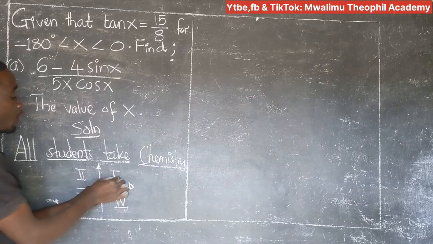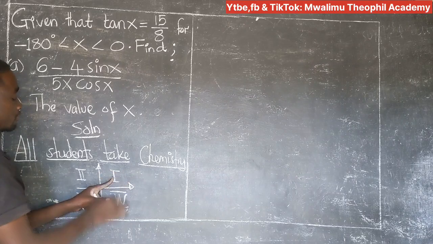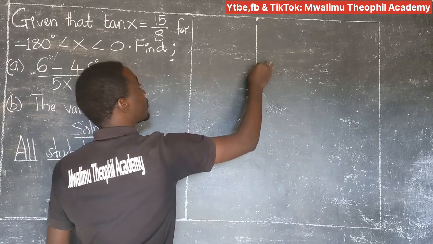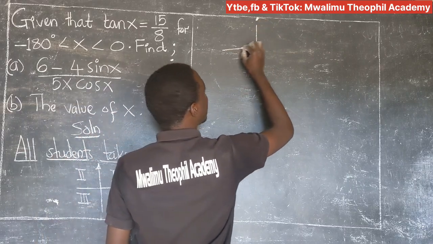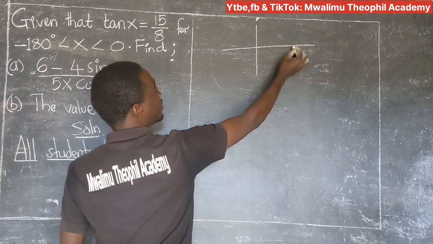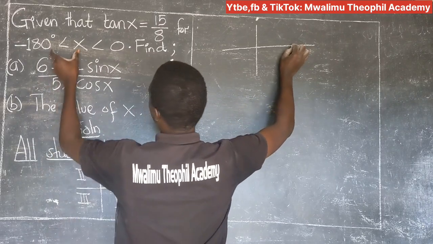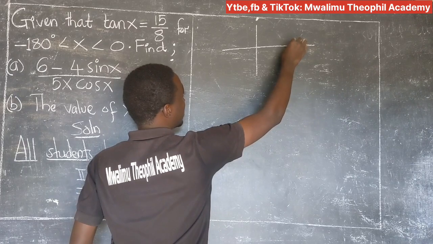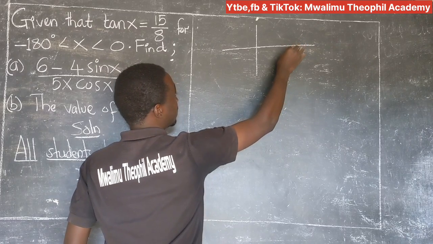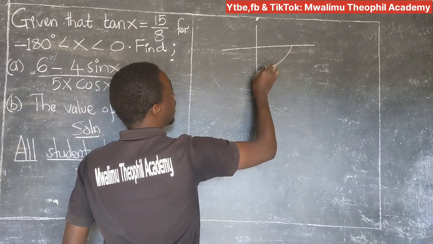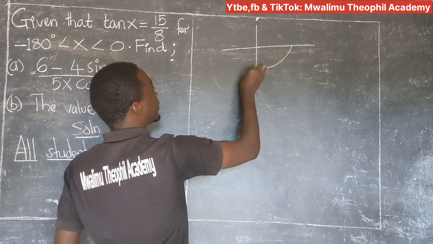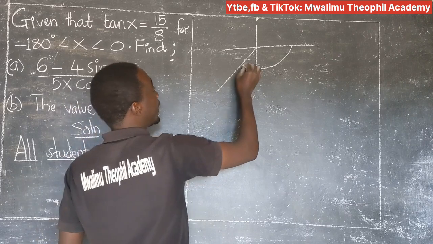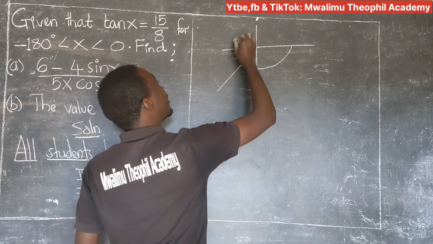So quadrant 1 is impossible because when we go in a negative direction this way, as all angles are measured from east, we are told that all values of x are negative. It means that we are going to measure them in a negative direction, in a clockwise direction. So the only possible quadrant is the third quadrant. It is where we can find our angle x, and not the first quadrant.